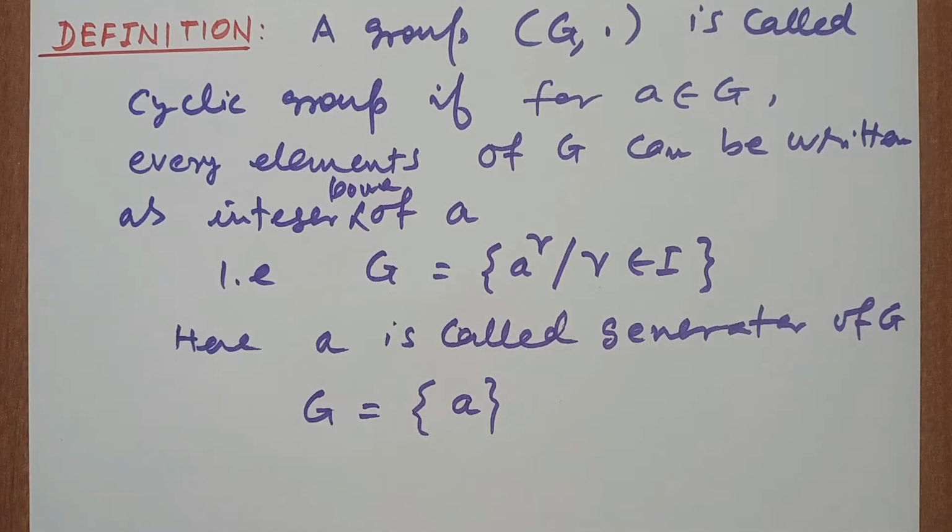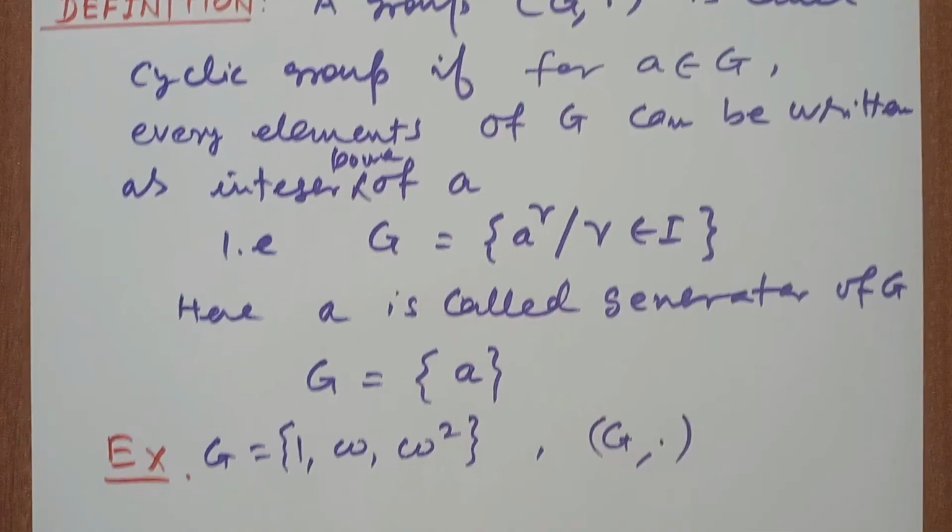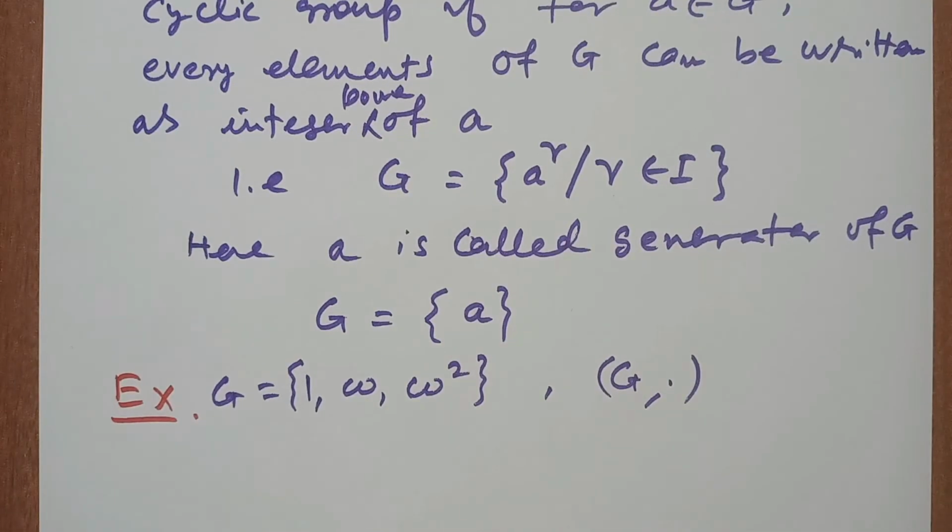For example, in the multiplication operation, take G = {1, ω, ω²}. This is a group with respect to multiplication. So first we see, can you write all the elements of G as some integer power of elements of G?